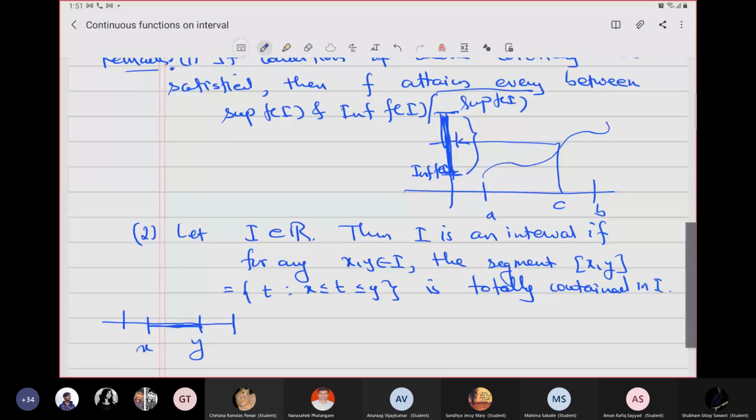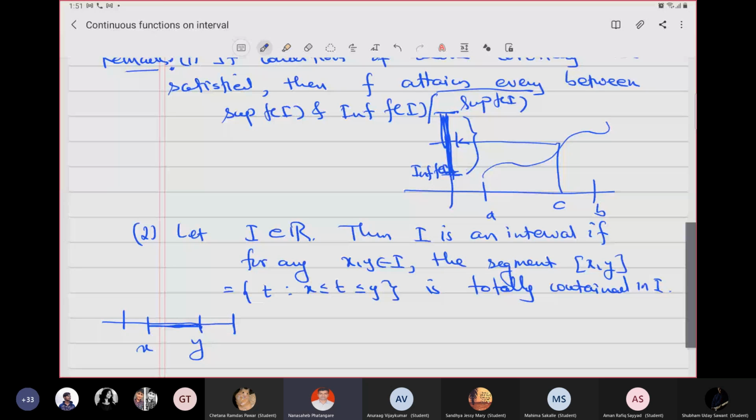So you look at the function f. Suppose I define a function from [0, 2] to R, and f(x) is equal to x for x less than or equal to 1, and x plus 4 for 1 less than x less than or equal to 2. Now can you sketch the graph of this function? I have defined a function from 0 to 2.